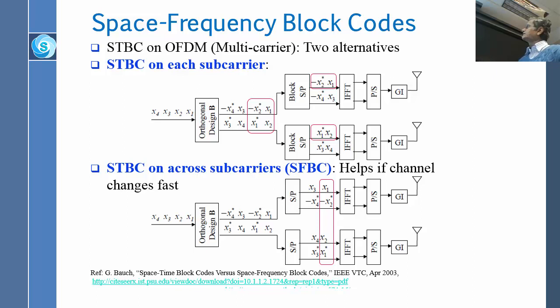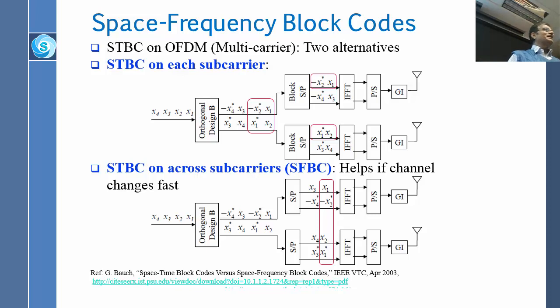So we are sending 8 symbols on 4 frequencies. In the previous diagram, everything was on one frequency, single carrier. In this diagram, we are doing different carriers. So this is a space frequency block code.